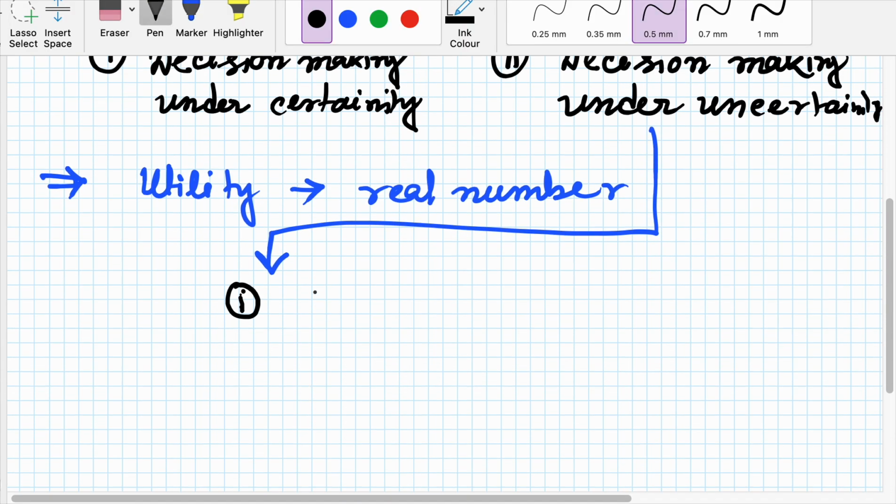There will be many different concepts of utility in case of decision making under uncertainty, but particularly in this course we have seen two.